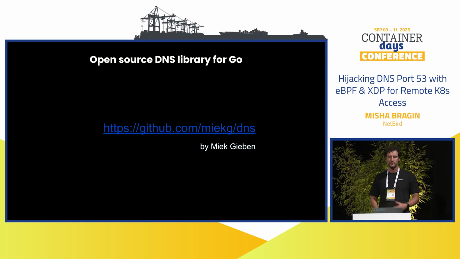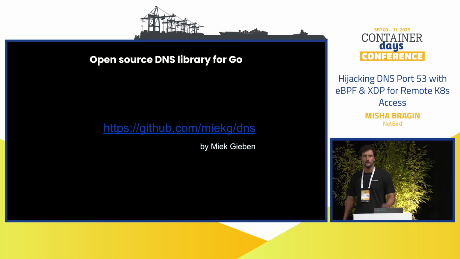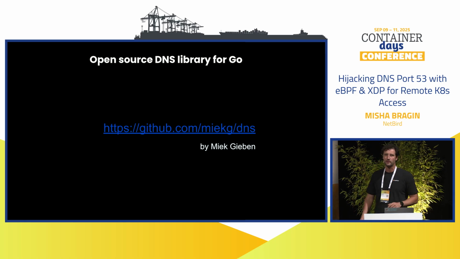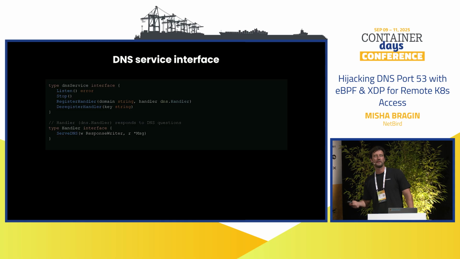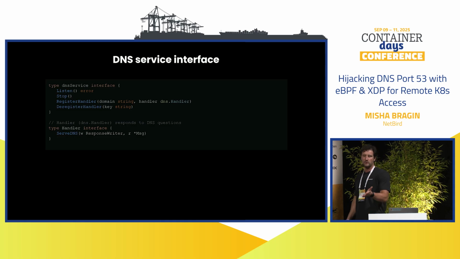It has lots of DNS-related code, so if you are willing to implement your DNS server, you can check this library. The interface looks very simple. It reminds me of an HTTP server. There are listen and stop methods, and you can register a handler for a specific domain.